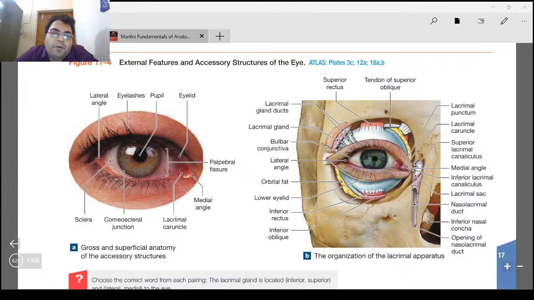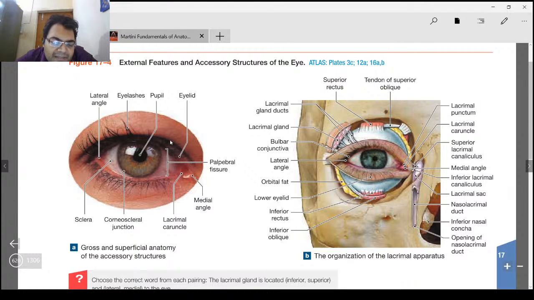The eyes can also close firmly in order to protect the delicate surface of the eyes from any kind of dust or damage. In this diagram you see the palpebral fissure.